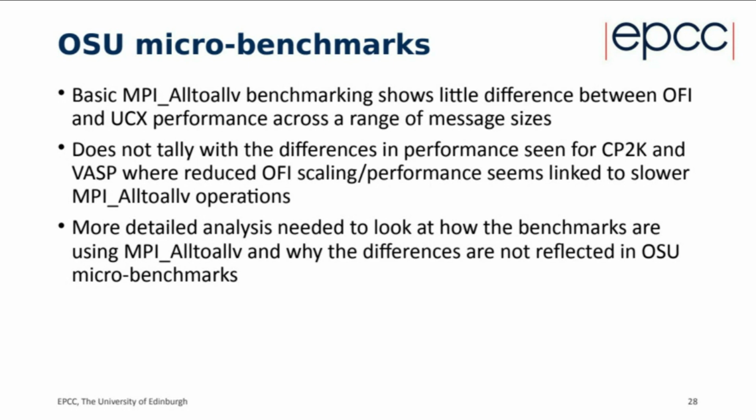The detailed analysis, I think, in this case, is to look specifically at VASP, CP2K and CASTEP, and try to characterize what the pattern of usage of MPI Auto-V looks like. What are the message sizes? How often are they called? Is there any sort of packing and unpacking at the end?